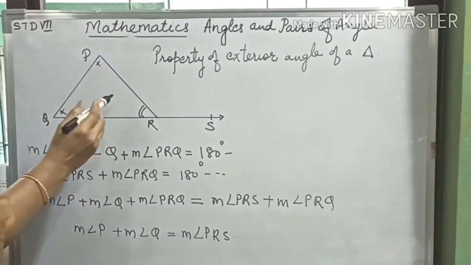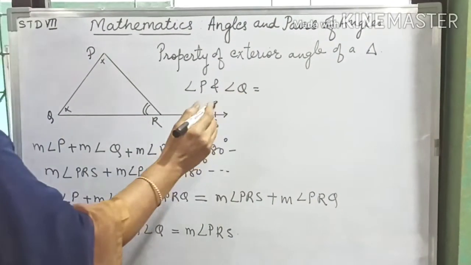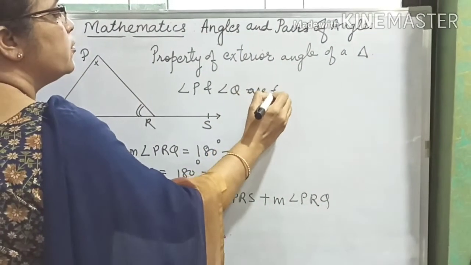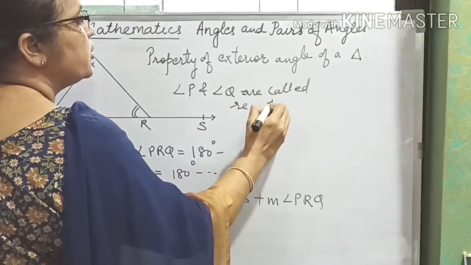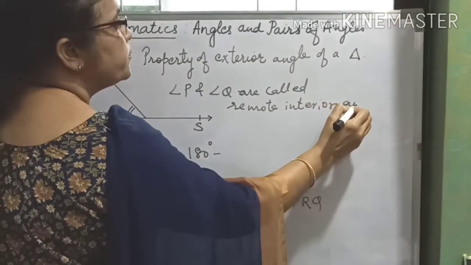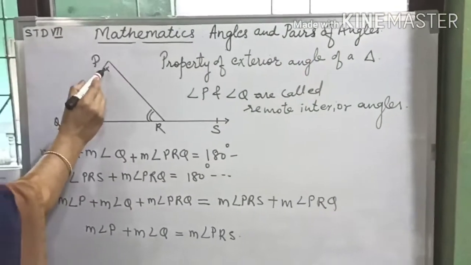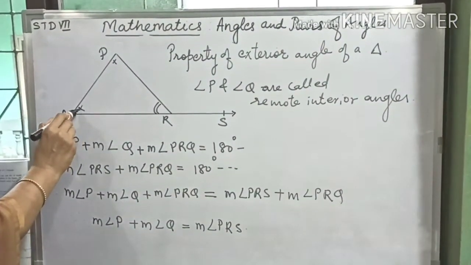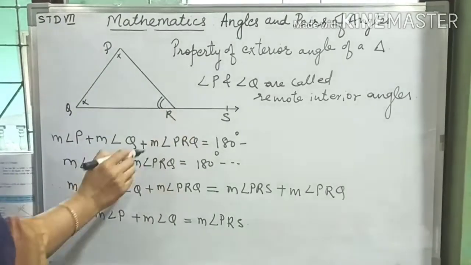Angle P and angle Q are called remote interior angles. These two angles P and Q are called the remote interior angles of angle PRS.